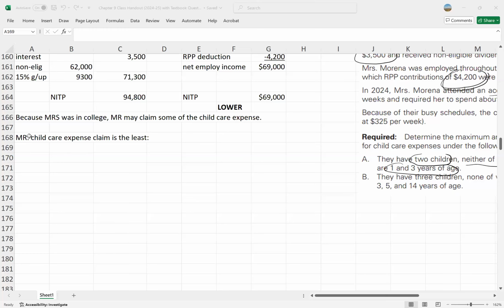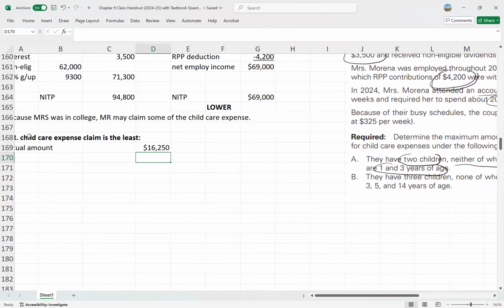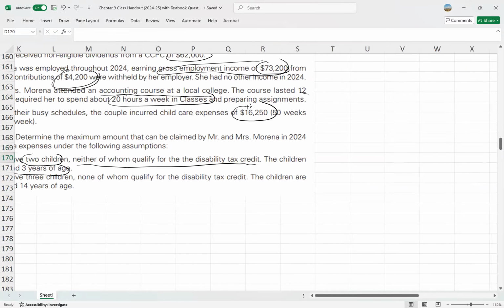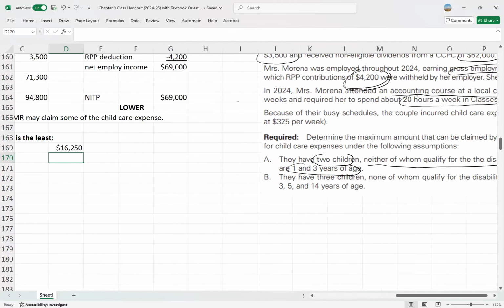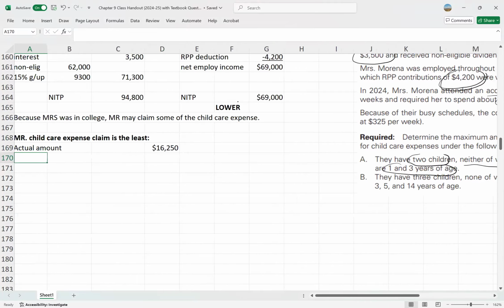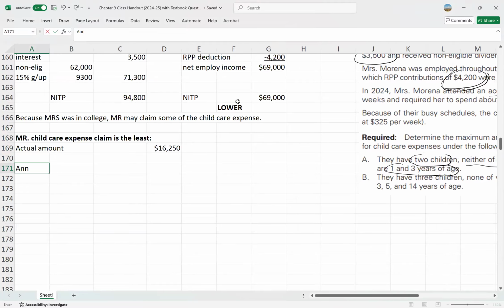So the amount that he can claim is the least of the actual amount paid. So how much was actually paid? $16,250. That is given in the question. So in the question, $16,250 is the actual amount paid. And then we look at the total of the annual amounts. So the kids are aged 1 and 3.